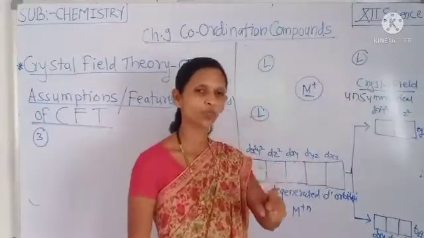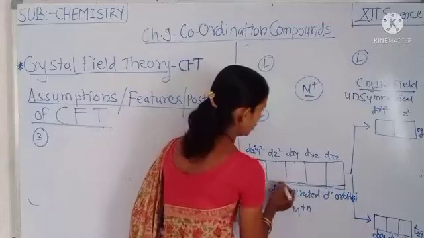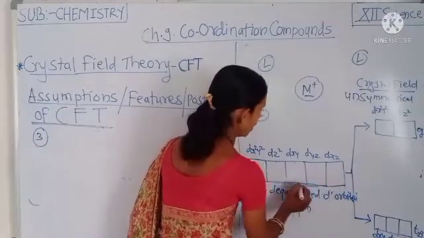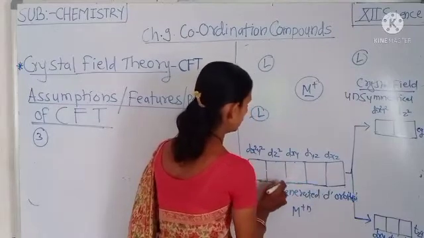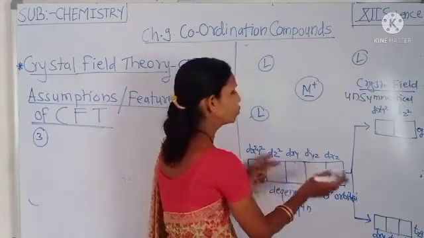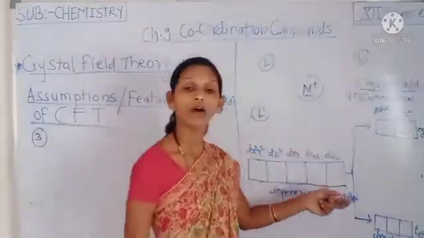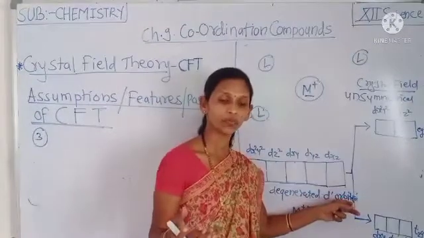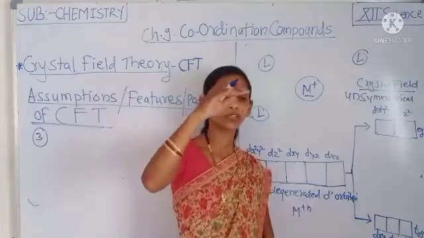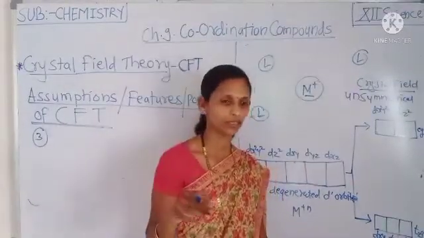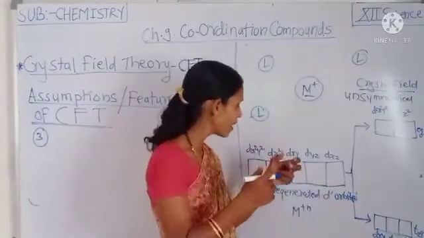Therefore, when the crystal field around the metal ion is unsymmetrical, splitting takes place of the degenerate d orbitals of the central metal ion of the complex, and they split into two groups. These sets of d orbitals possess specific energy levels.